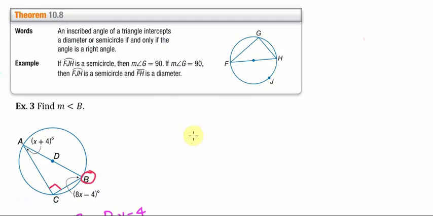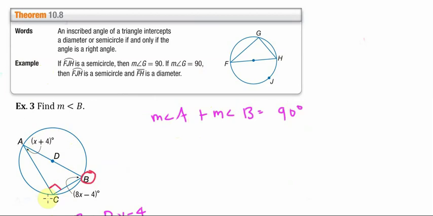I just want to note one final method to solving this equation. It's very similar to the first one I used, but we also could have skipped straight to setting the measurement of angle A plus the measurement of angle B equal to just 90 degrees. The reason we can do that is because we learned that when we have the remaining two angles that aren't this right angle C, they're complementary.